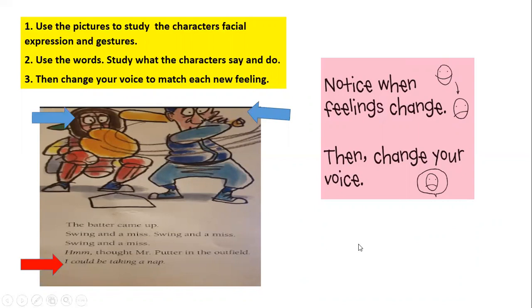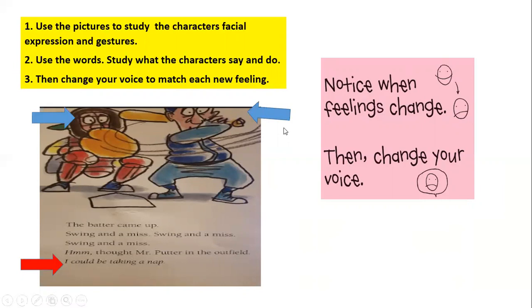So boys and girls, did you notice how I used the facial expression of the characters and the body language to know how they were feeling in the book? I also studied the facial expression and the gestures. I used the words to pay attention to what the character says and does.